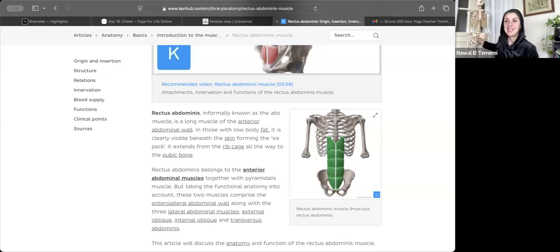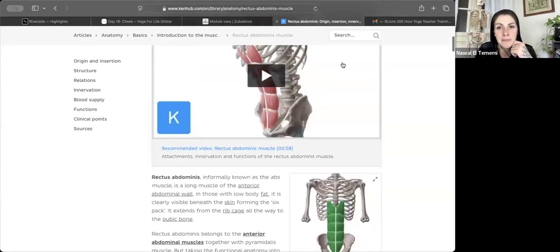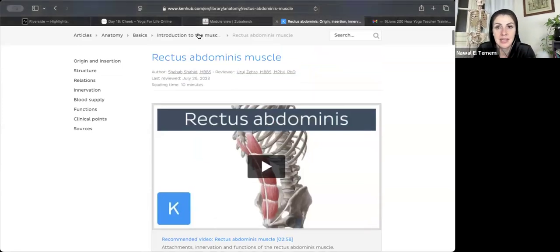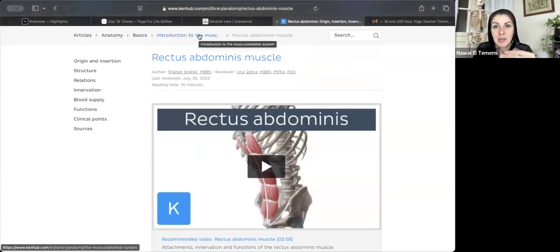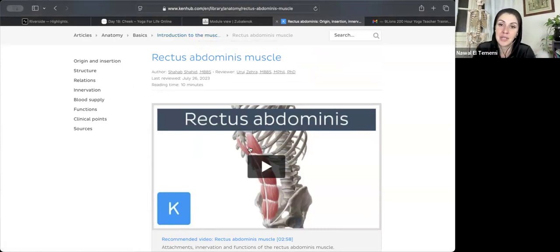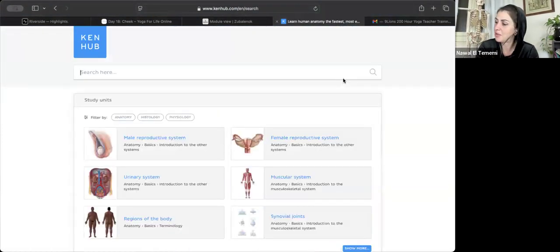The pubic symphysis is your pubic bone, and it comes up to the sternum. So it's like this strap of abs on the front of the body. This is the most superficial layer of your abs, okay? That's also why, if it's very clearly defined, it's going to give you this 1, 2, 3, 4, 5. Yeah, do you even 10 pack, bro?